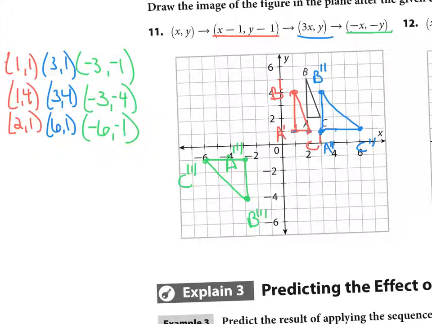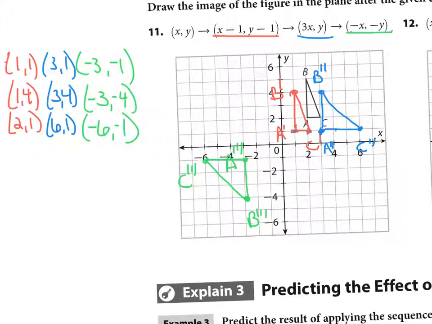And I can look at that and see that the orientation is different, isn't it? So it's not a reflection, it's a rotation. And that is the only one that I am going to do in that section.